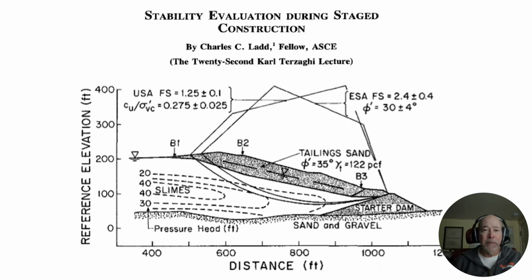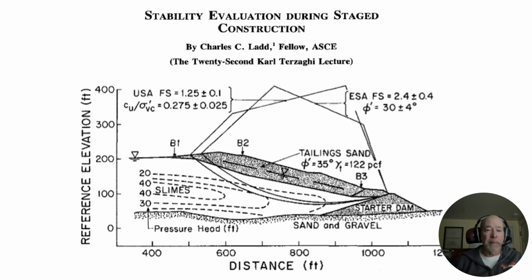So in this paper, we investigated an upstream constructed tailings facility, and they were looking at the slope stability and what's labeled as slimes here, which is the finer fraction, the siltier fraction of the tailings. You can see this kind of elongated bullseye target.